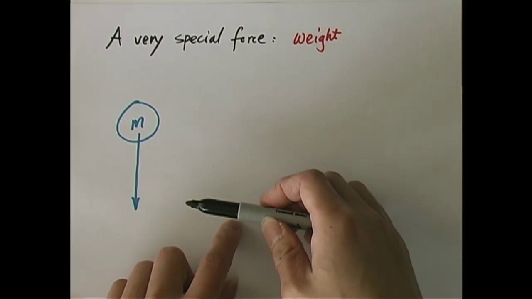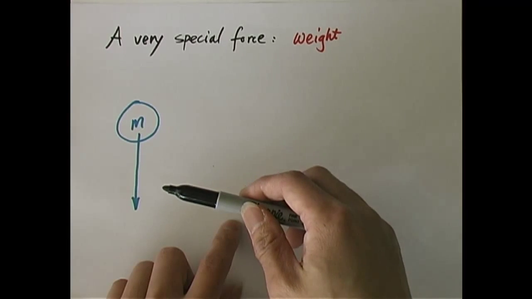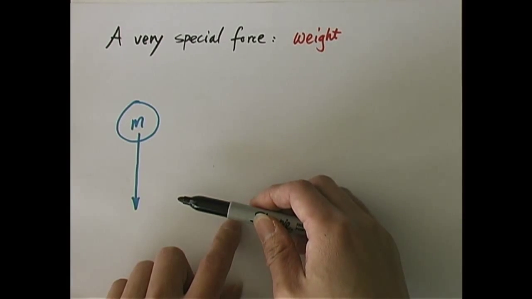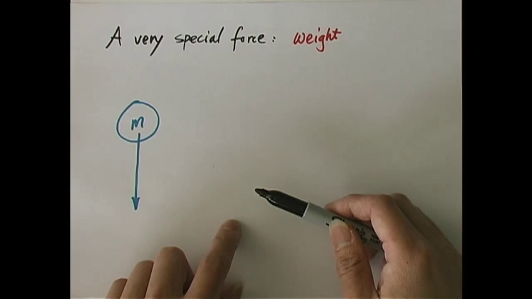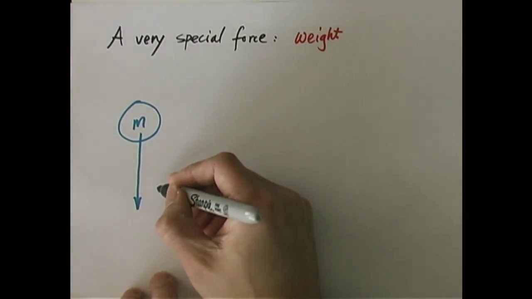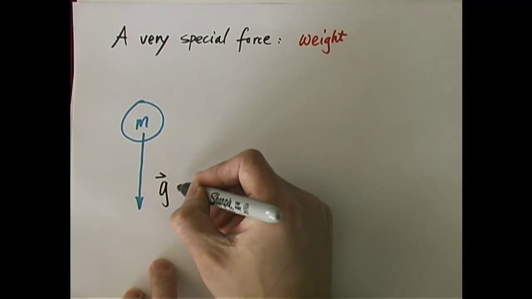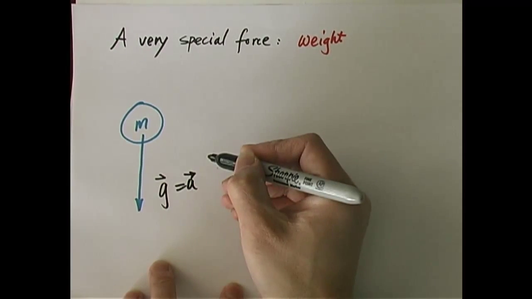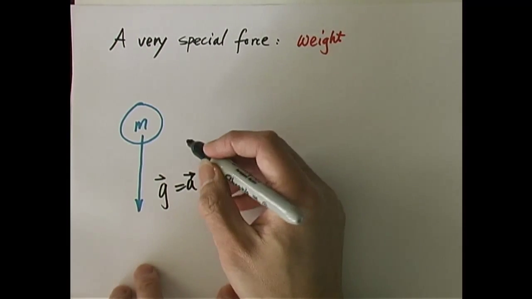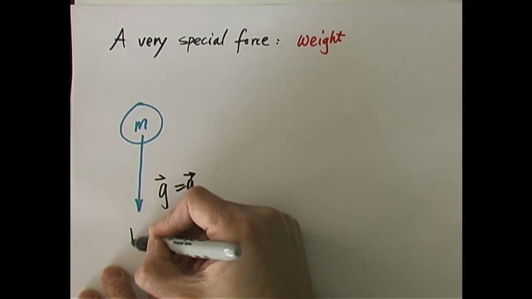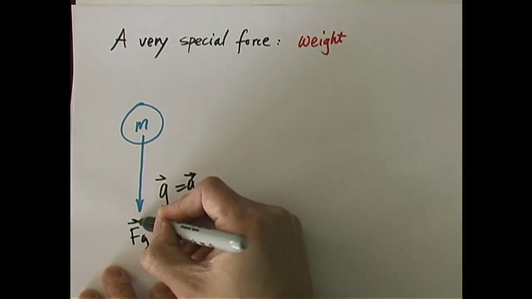An object will be moving under the influence of the gravitational force of the Earth alone, which is the weight of the object alone, and then we say it's a free fall. Now, in a free fall, we know the acceleration has only one value. That's g going down, right? So a is equal to g. And there is only one force as well, and that's the weight, F sub g.